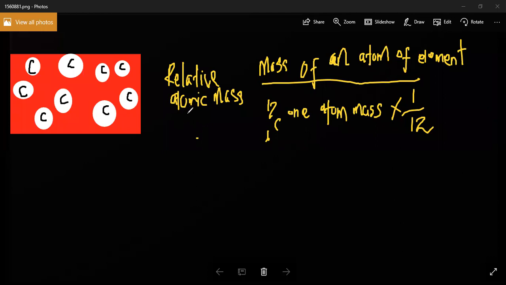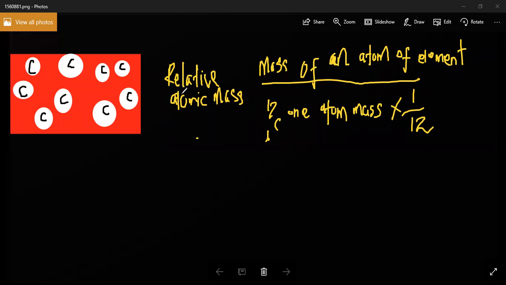Relative atomic mass. Why have they brought up this relative atomic mass? The mass of one atom of elements is very small.